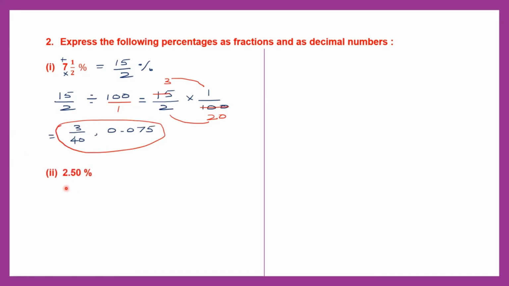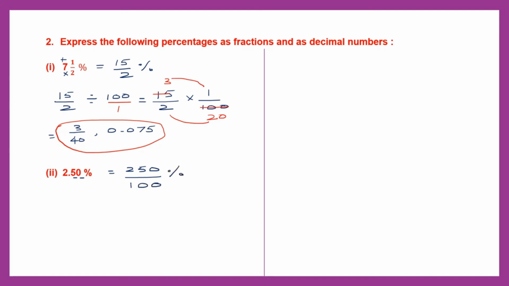Question 2. Now here we have 2.50%. So first we're going to write this in the form of a fraction. When you write it as a fraction, ignore the point. So that will be 250 divided by 1 followed by zeros. Check how many decimal places there are. There are 2 places, so there will be 2 zeros. So this is 250%.